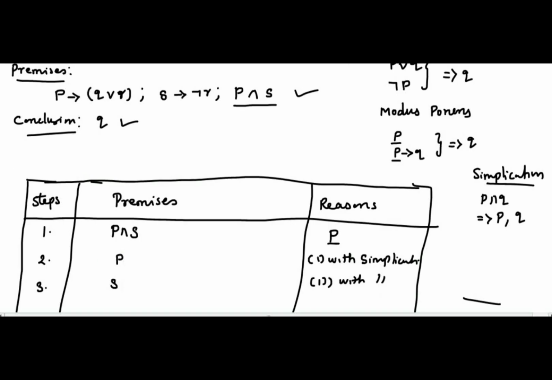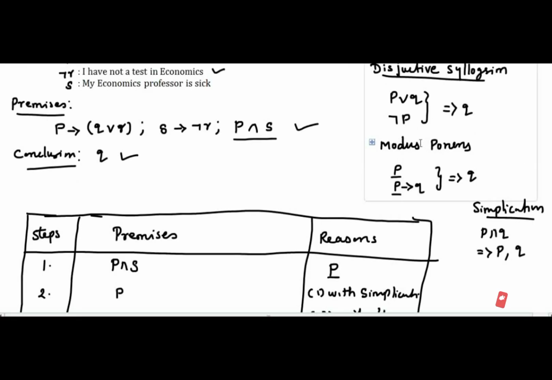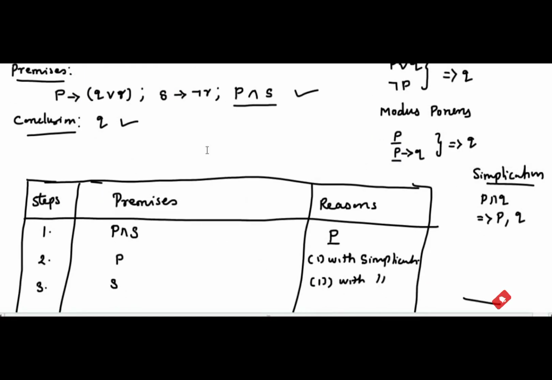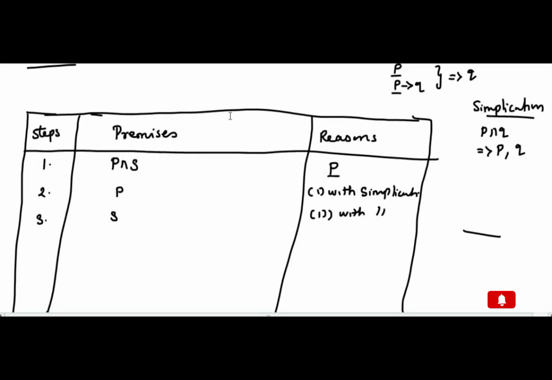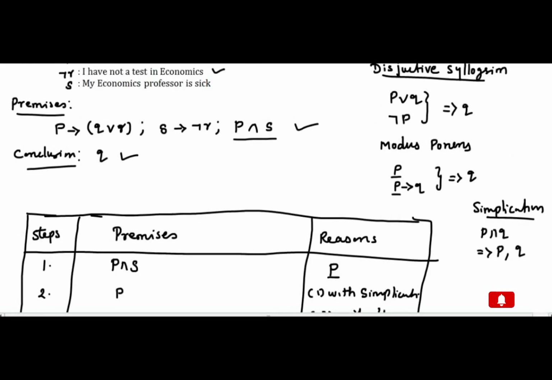So using this step, we can write the Q only. So next step, step number four, consider these premises next. Why? Because here we see P is there, P then Q. We have one important law. What is modus ponens law? P then Q. We can write Q only. So using modus ponens law, we can write the next step. So step number four, I am going to write the next premise, that is the first premise.